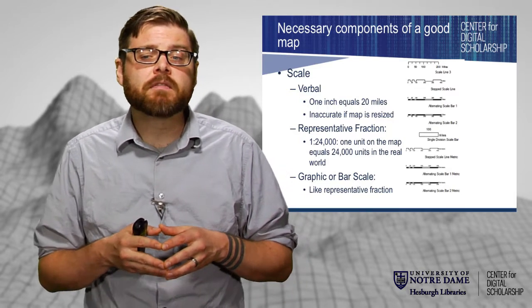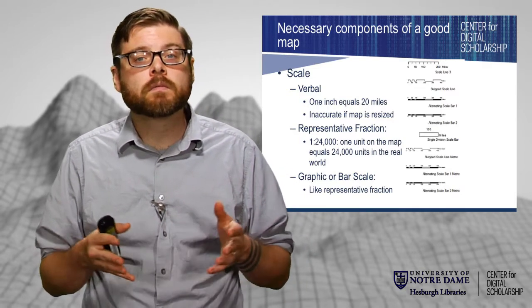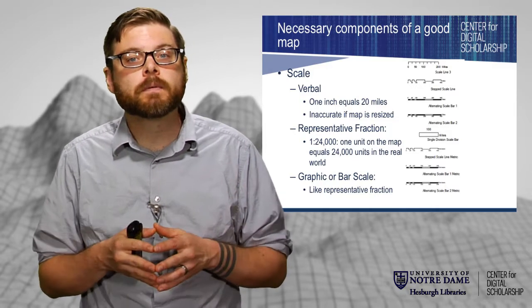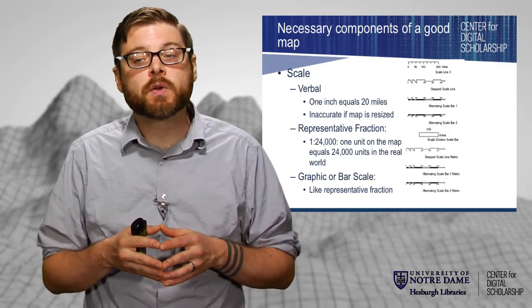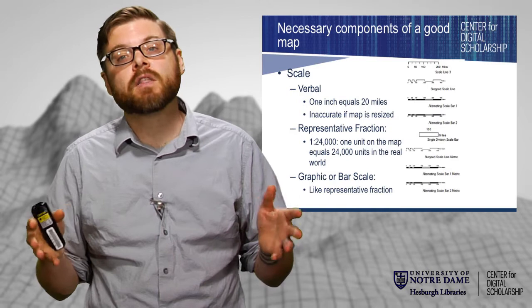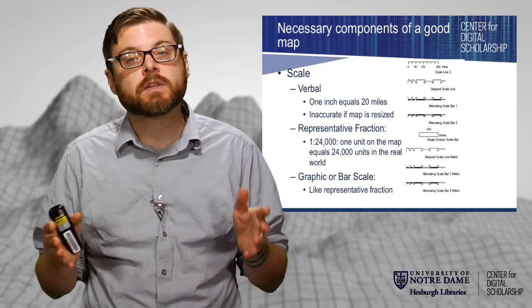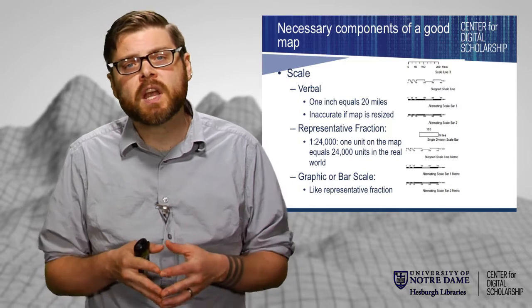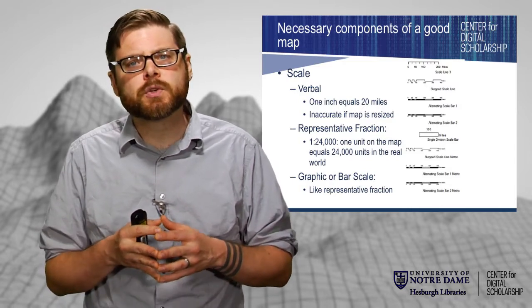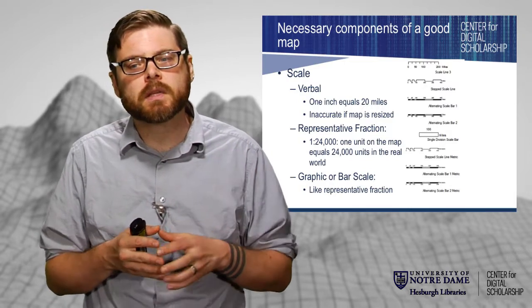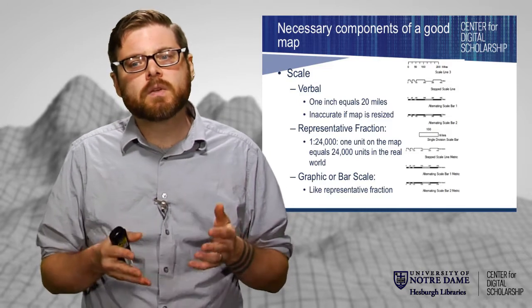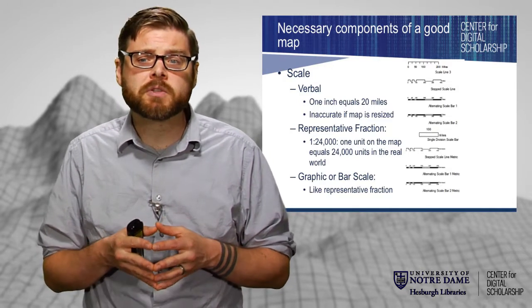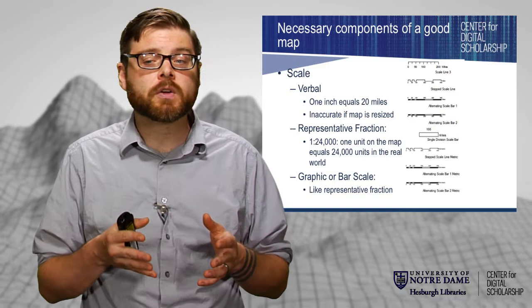Another one is a representative fraction. So 1:24,000 is just showing that 1 unit of something on the map is equal to 24,000 units in the real world. These do remain accurate if you're rescaling, but it's a little bit hard to visually pick out what that might mean. So the best scales to put on the maps that you're creating are usually graphic or bar scales.